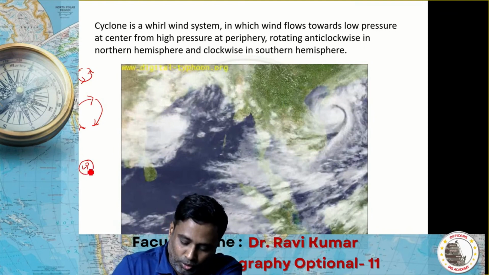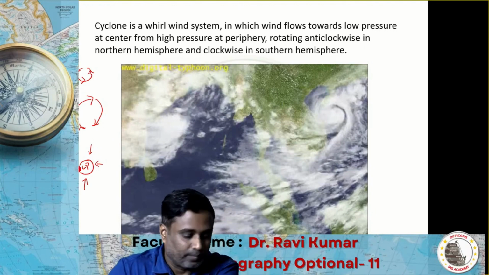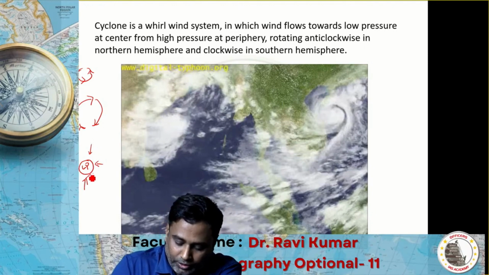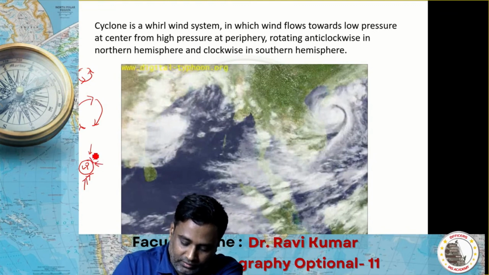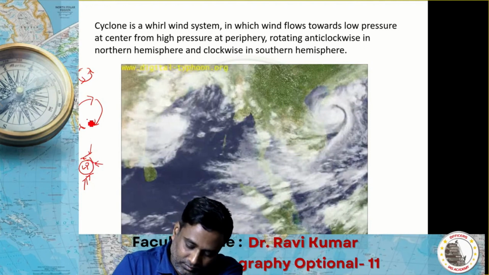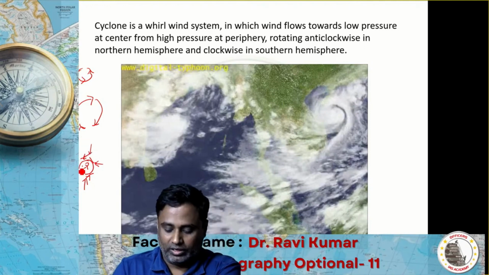Look at this board. This is low pressure. Wind enters from high pressure and it turns towards its right due to Coriolis effect.